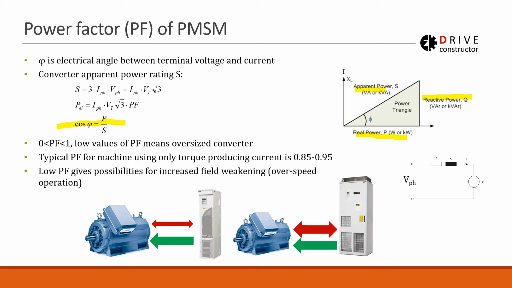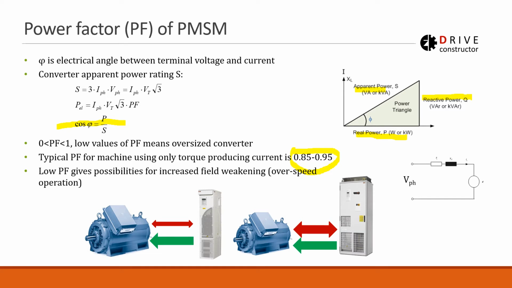But to simplify the case, power factor is almost the same as cos phi. And power factor usually is a bit lower than 1. It can go down, of course, to 0.6, but usually it is in the range indicated on this slide.